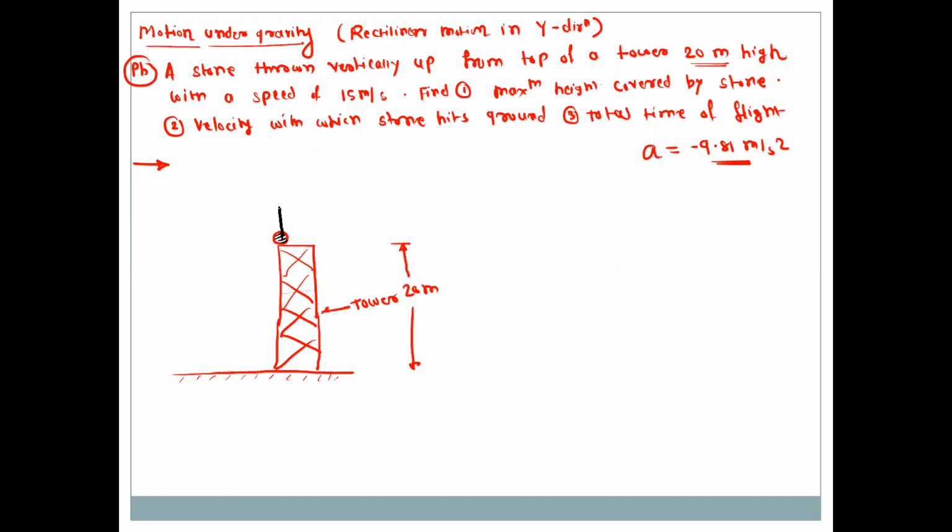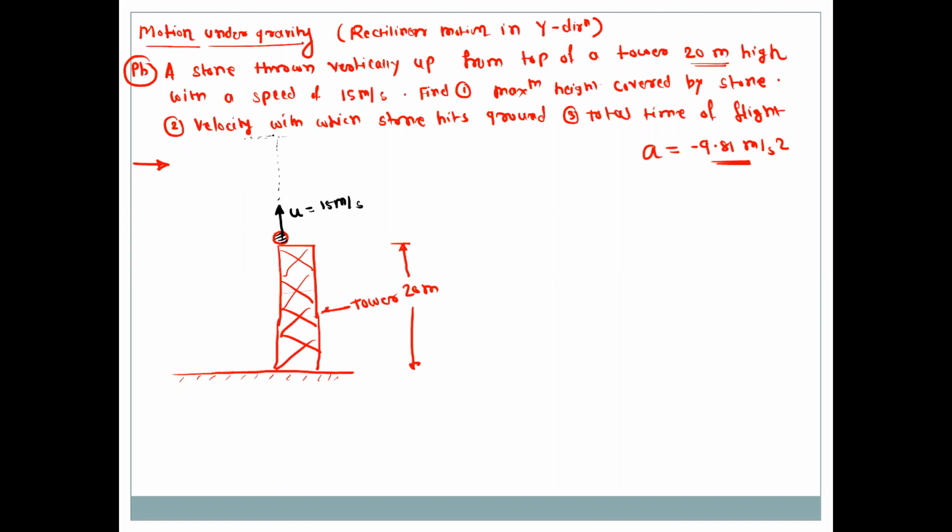And it is having the velocity. So this is the initial velocity, u is equal to 15 meter per second. With this velocity, stone is thrown vertically up. It will travel along this path and it will reach the maximum height.